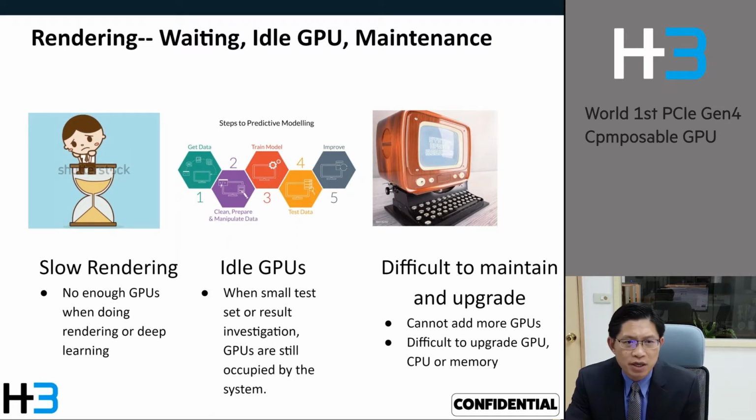This is a kind of chicken and egg issue, because GPUs are under low utilization rates and cannot be shared among users. Customers usually purchase mid-range GPUs in order to save the purchase cost, especially in rendering. Then the mid-range GPU takes longer to do the rendering job compared to a high-end GPU.